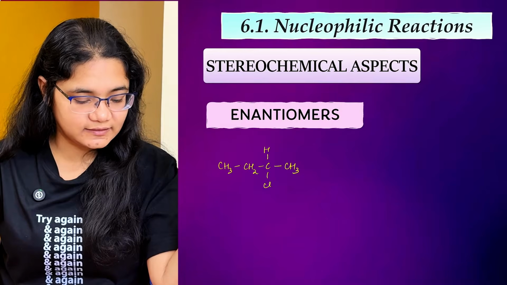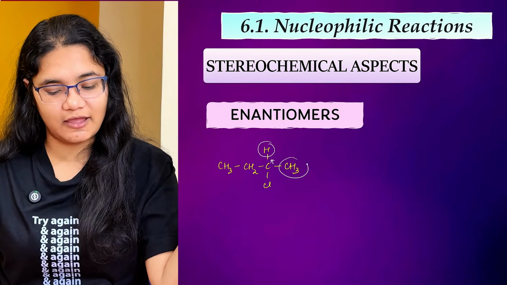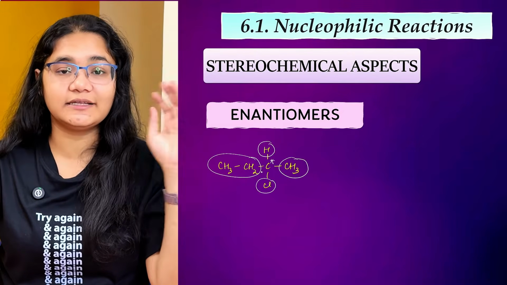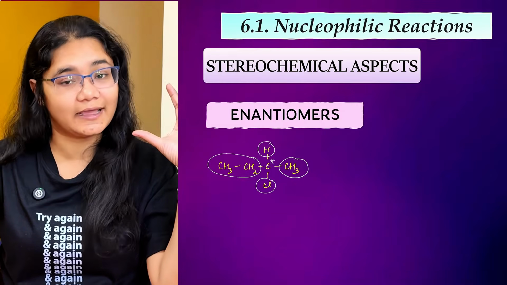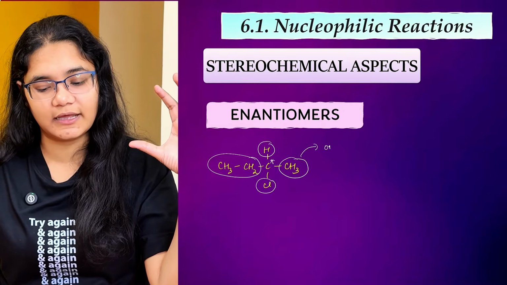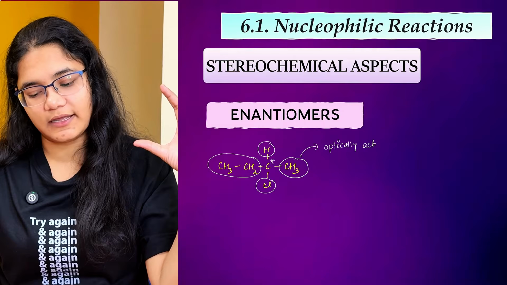If I see this carbon, here I have hydrogen, here I have methyl, here I have Cl and here I have ethyl. Yes, this carbon has 4 different groups. So this is a chiral carbon, and this molecule is optically active.